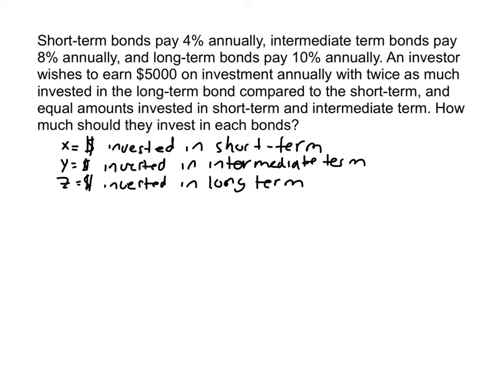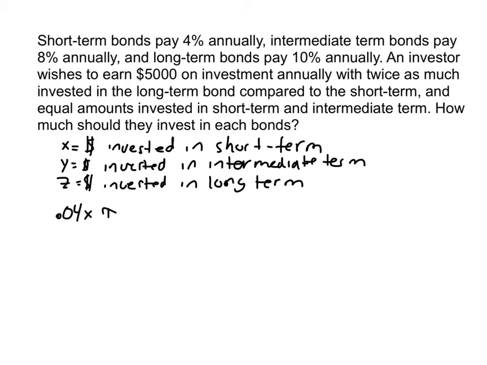Well, we know that the investor wants to earn $5,000 a year. So how much is he going to earn in the short-term bond? Well, it earns 4% interest, so 0.04 times X would be the amount that he earns in the short-term bond.